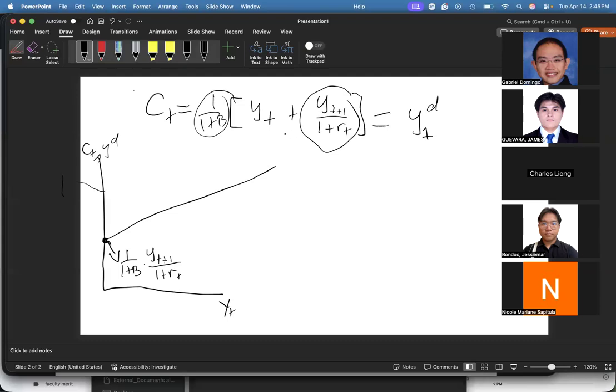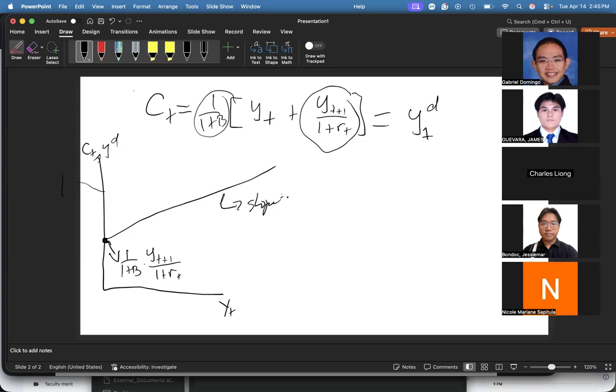What is the slope of this consumption function? If you recall, fans of Econ 101 will know that the slope is your marginal propensity to consume. Mathematically, what is it then?